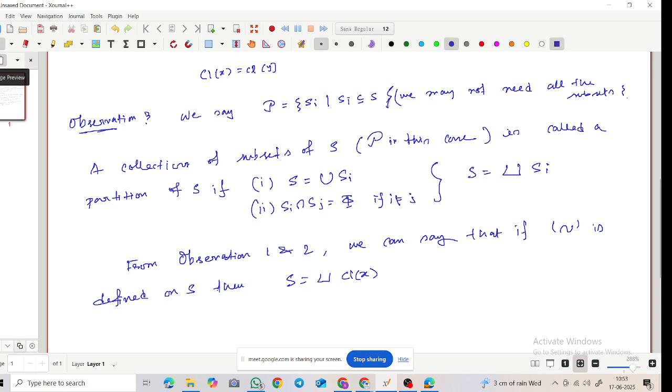You are considering only disjoint subsets. Right? We can say that from observation 1 and 2.